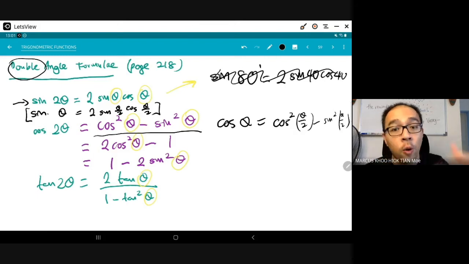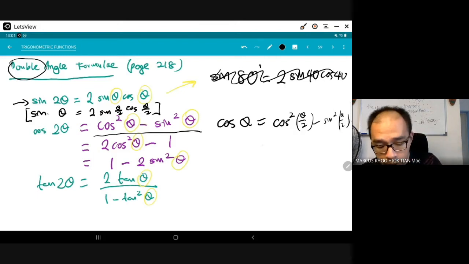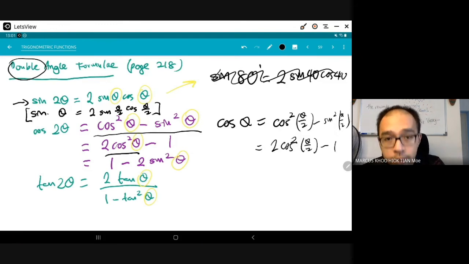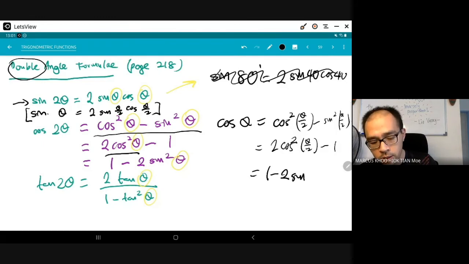The angle is always halved in the double angle formula. Or it will be 2 cos squared theta over 2 minus 1. Or it will be 1 minus 2 sine squared theta over 2.